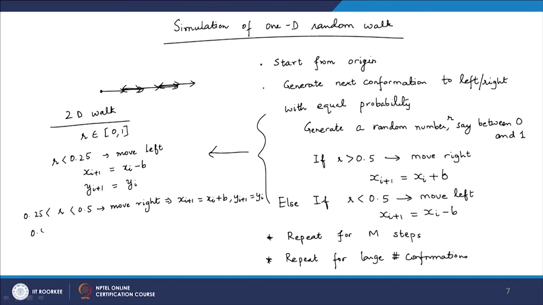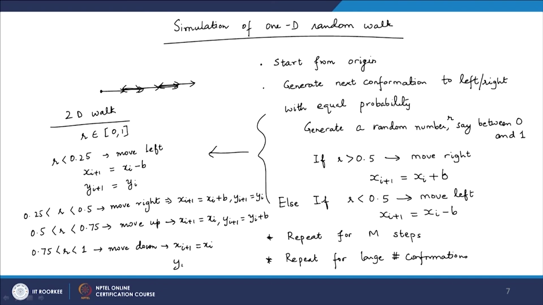Then again for R between 0.5 and 0.75, we can move up, and then we have x_{i+1} unchanged and y_{i+1} = y_i + b, and then between 0.75 to 1 we can move down, and now x_{i+1} = x_i and y_{i+1} = y_i - b.